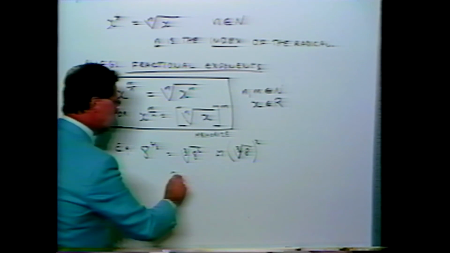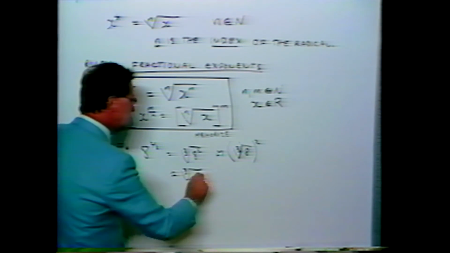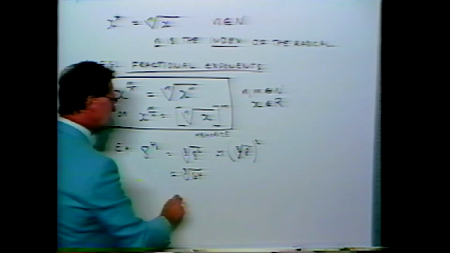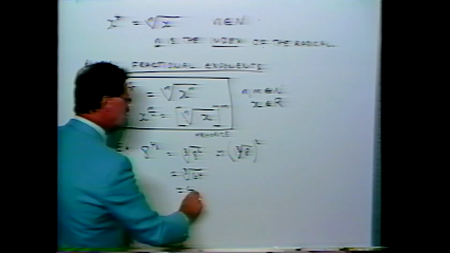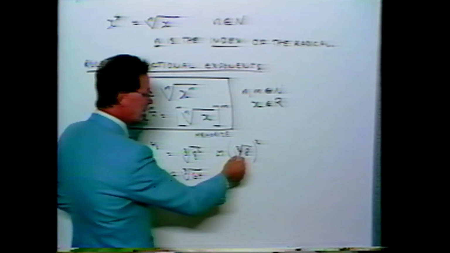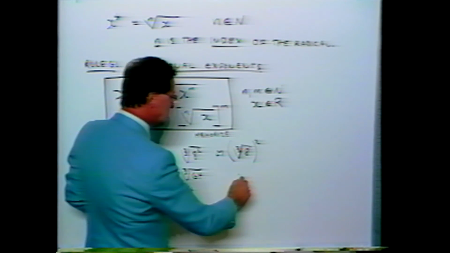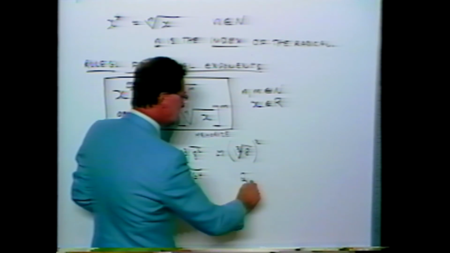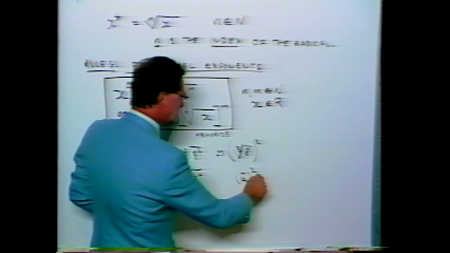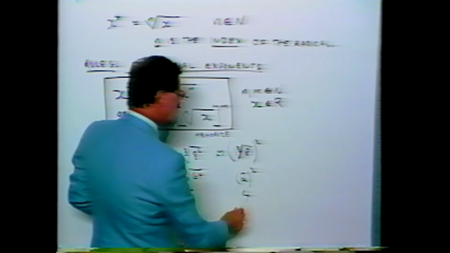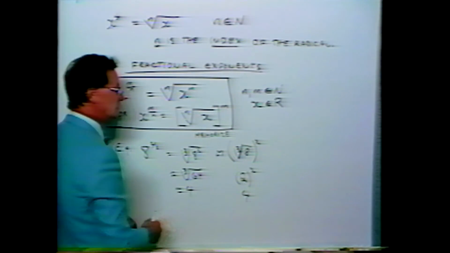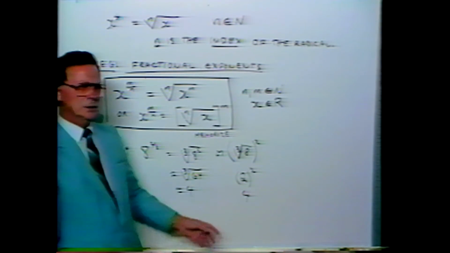This is equal to the cube root of 64, and the cube root of 64 is equal to 4. On the other hand, if you took the cube root of 8 first, which is 2, and then squared it, the result is again 4. But in the second choice, the work is simpler.